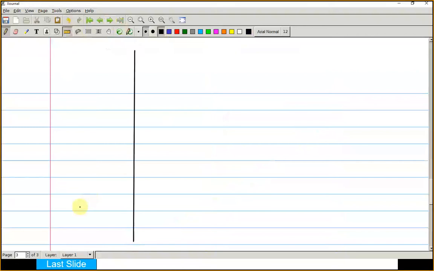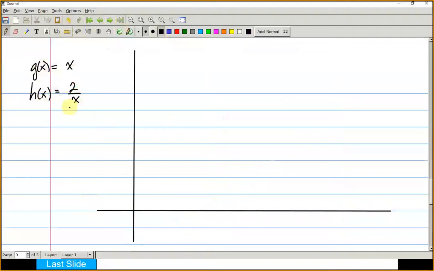This is the y-axis, this is the x-axis, and what we did is we drew two functions. Let's do the first case. One is g of x equal x, and the other one, let's call it h of x, equals, for the first case, 2 over x.